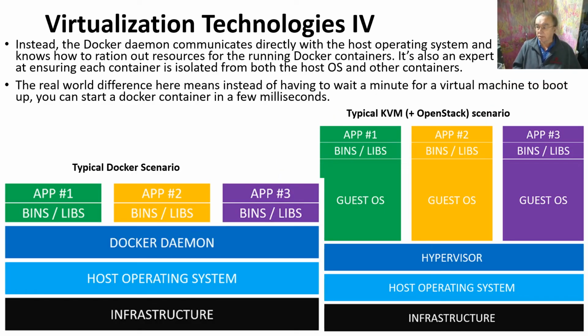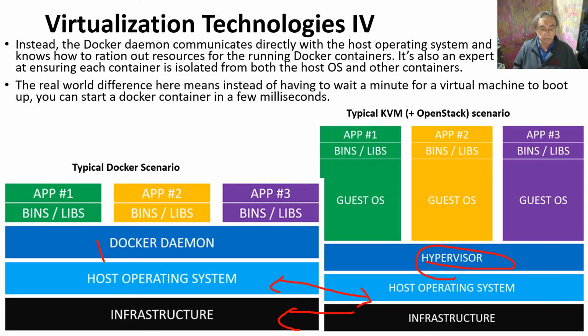And here is a comparison of the different virtualization technologies. We start with the infrastructure. Remember, that's what Amazon originally sold us. Then we have a host operating system. This is for type 2. Then we have the hypervisor. And this is for a KVM type scenario.